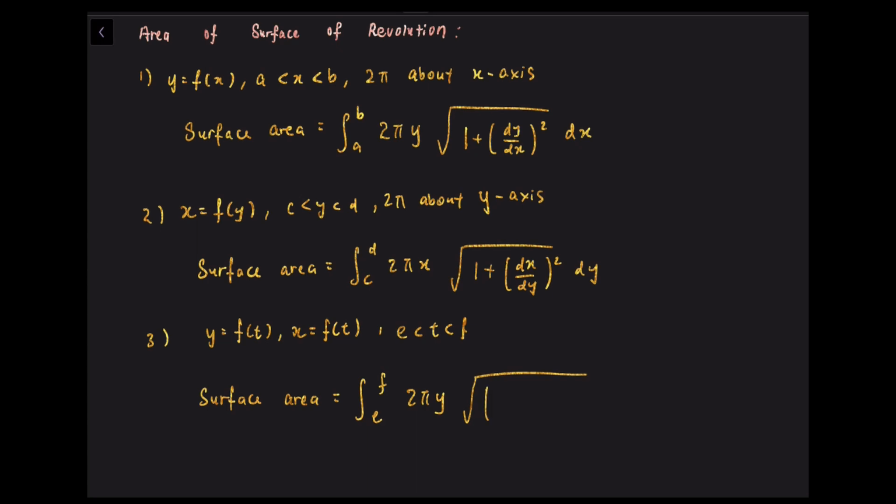By replacing y with x in the formula above, you get the formula for the parametric analog of the function generated by rotating about the x-axis.